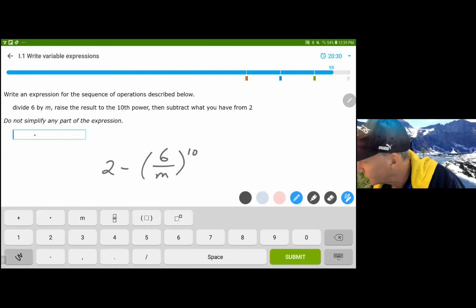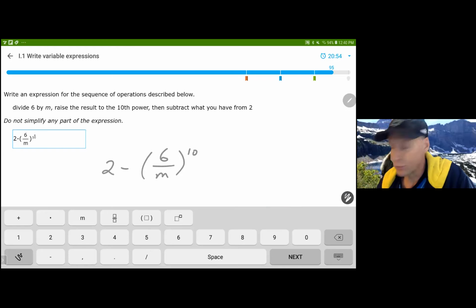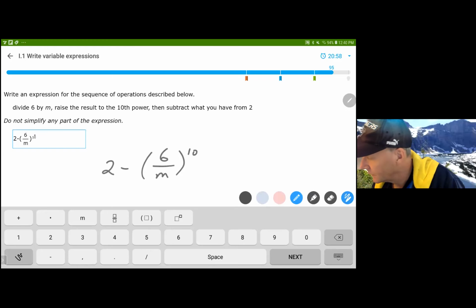So now, get rid of this. I'm going to take 2, subtract, and the rest goes in parentheses. I have 6 over m. And I am raising the whole thing to the 10th power. Now, really, it's actually appropriate to put this whole thing inside parentheses.